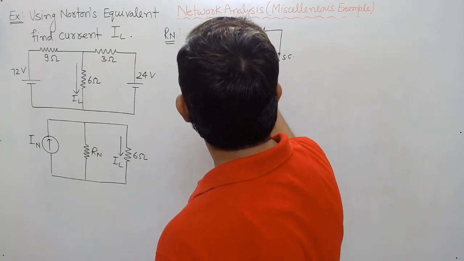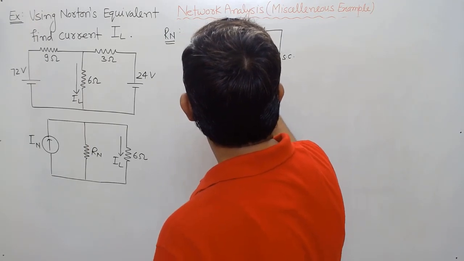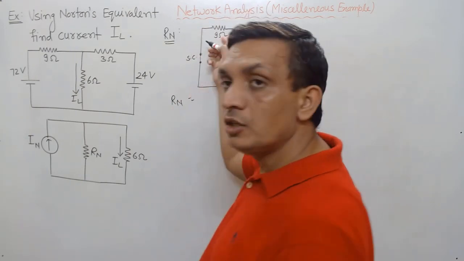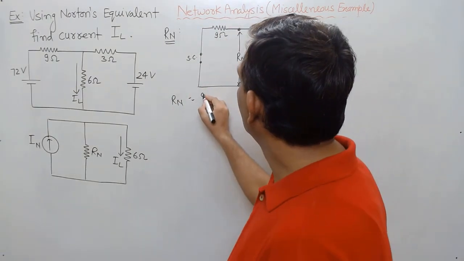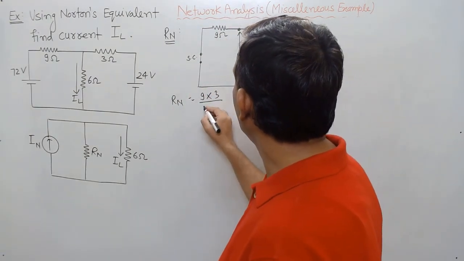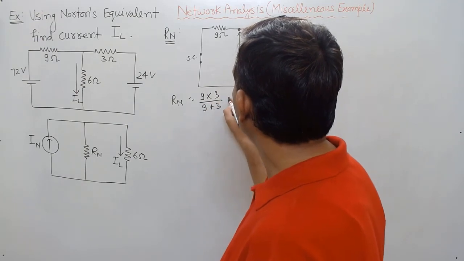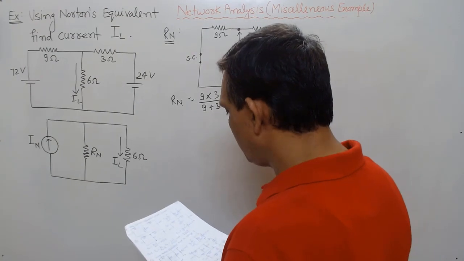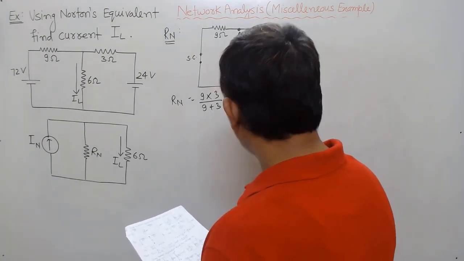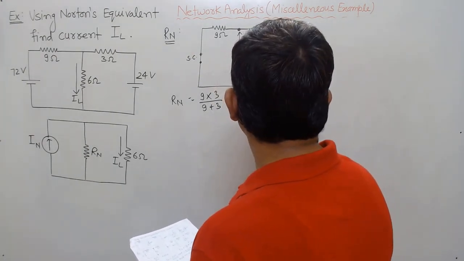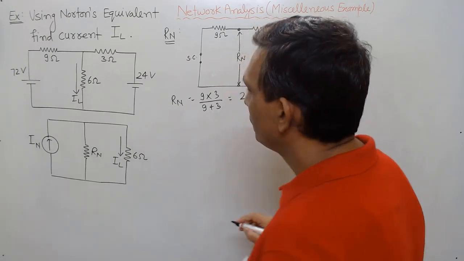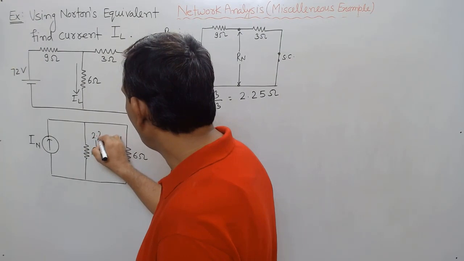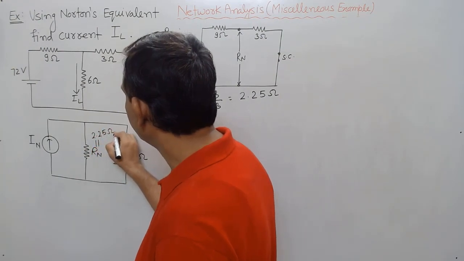Measure the equivalent resistance. So what will be RN here? Now these two are in parallel. So 9 into 3 by 9 plus 3. So this will be equivalent to 2.25 ohms. So RN is 2.25 ohms.